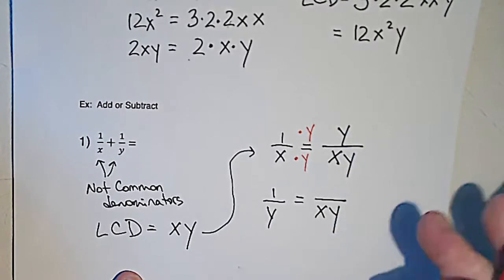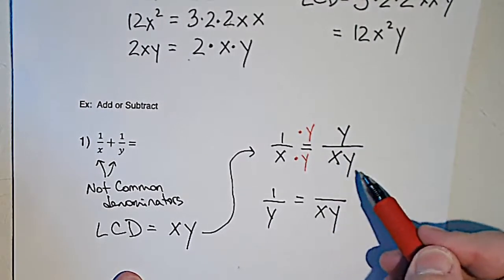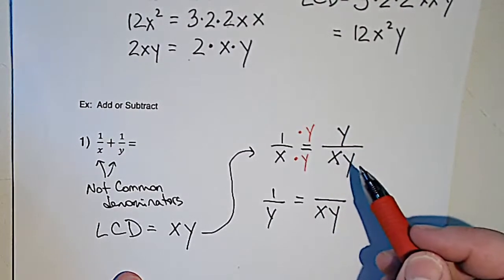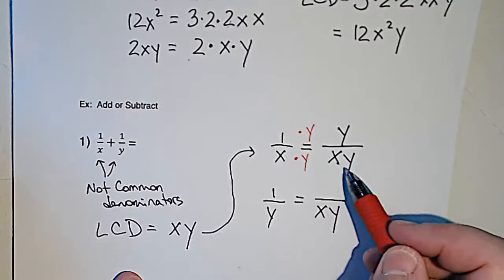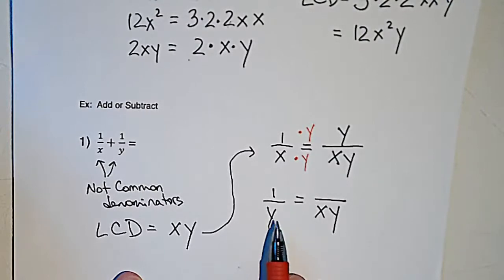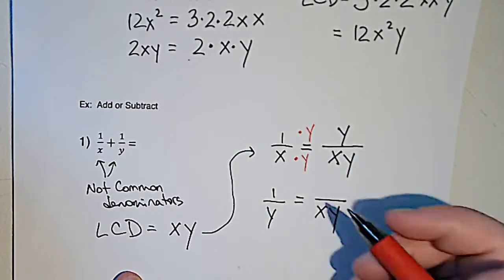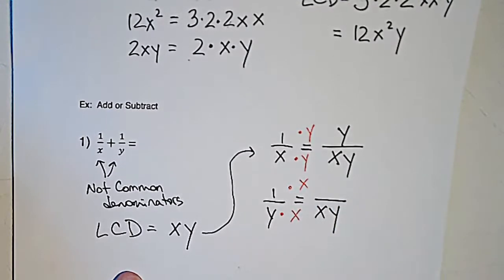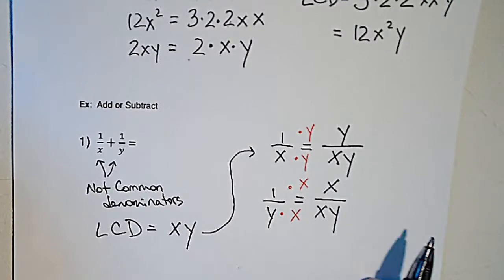Do not cancel the y's. You have intentionally fluffed this up. This is big and fluffy so that they will add. You want to not reduce. You're going to have to hold yourself back. Do not reduce. Okay, here, I've got a y. I need an xy. I'm missing an x and a multiply by an x. So far, so good. Awesome.